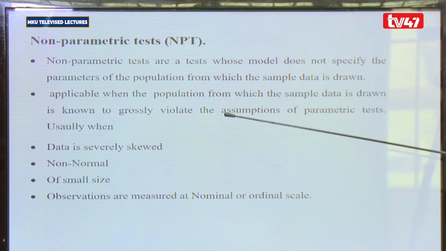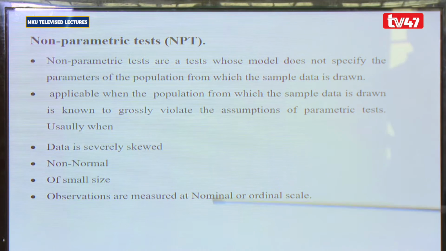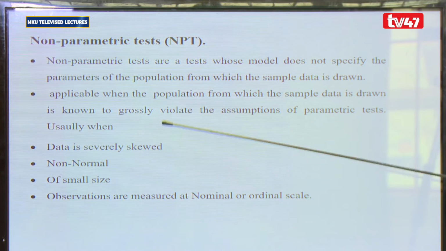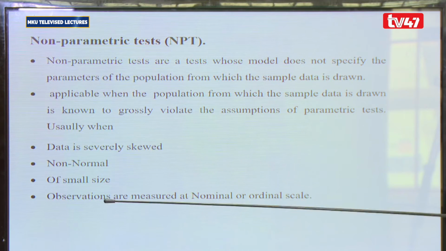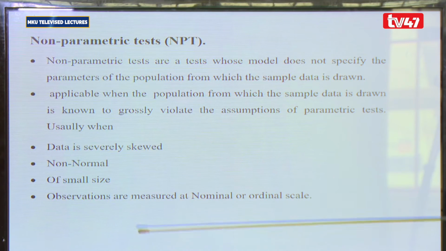So it is applicable when the population grossly violates the assumptions of parametric tests, which we have already discussed, and also when the data is skewed, non-normal, of small size, and observations are measured using the weaker scales, nominal and ordinal.